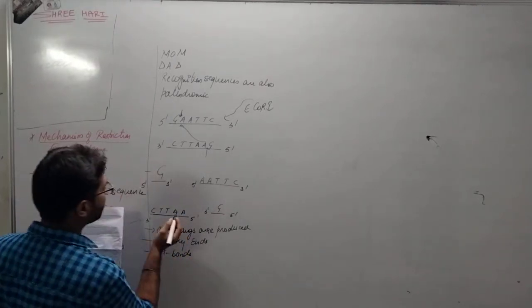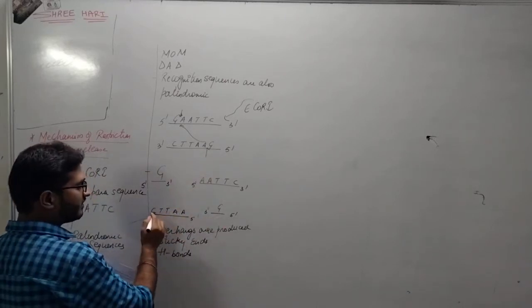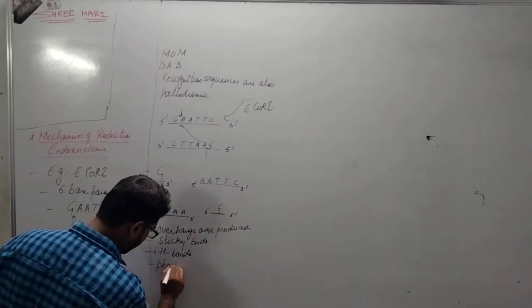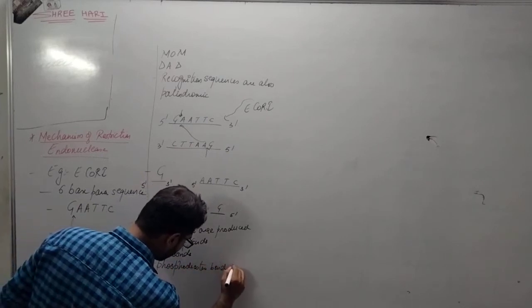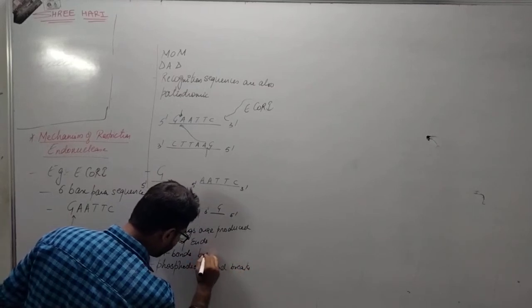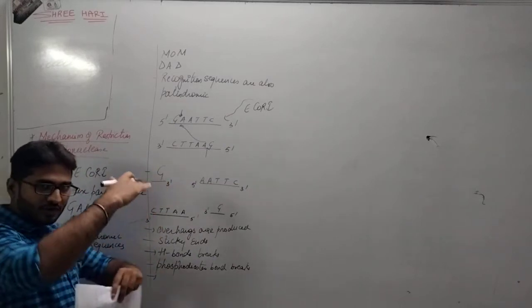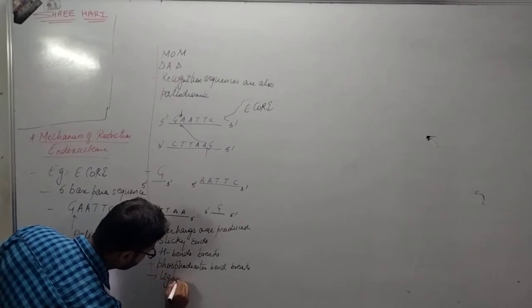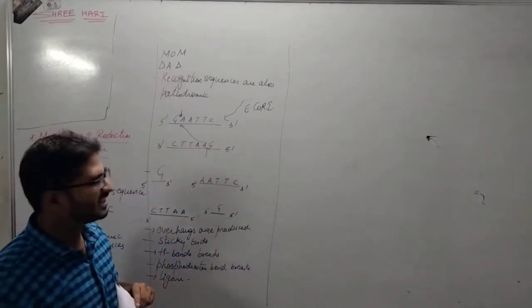Hydrogen bonds are broken, and when G and A split, AATTC and G are separated, so phosphodiester bonds also break. Then both overhanging structures are joined together by the action of ligase enzyme. Please refer to any reference book or your NCERT textbook for this diagram.